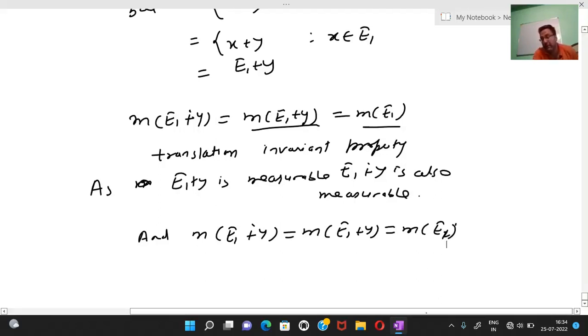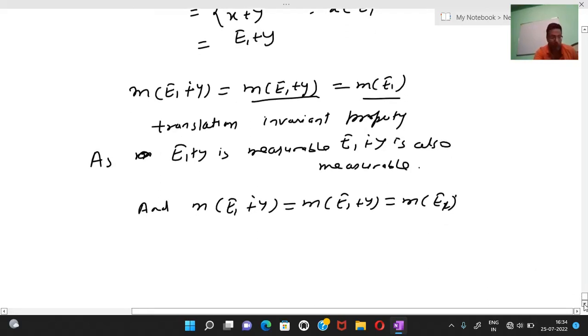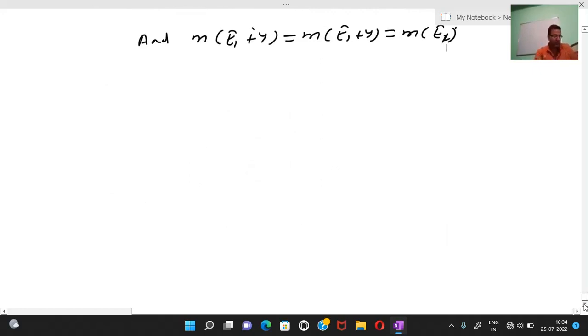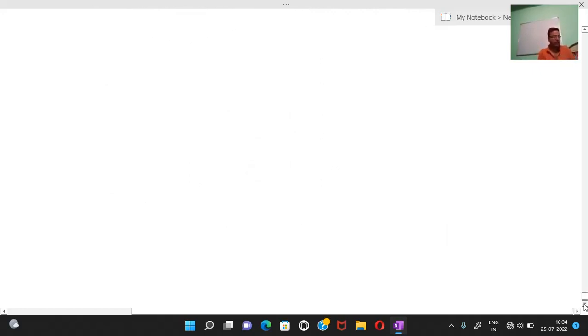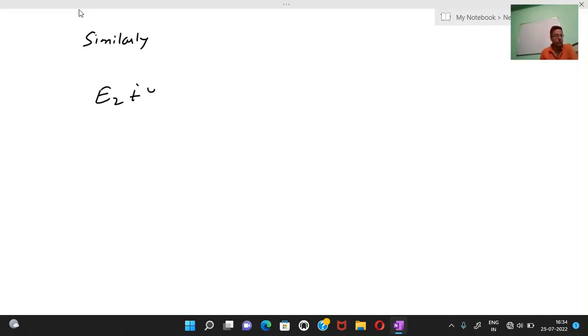Now similarly we take the measure of E2 plus y. Similar process we start for E2. Similarly, E2 plus dot y equals z plus dot y such that z belongs to E2.